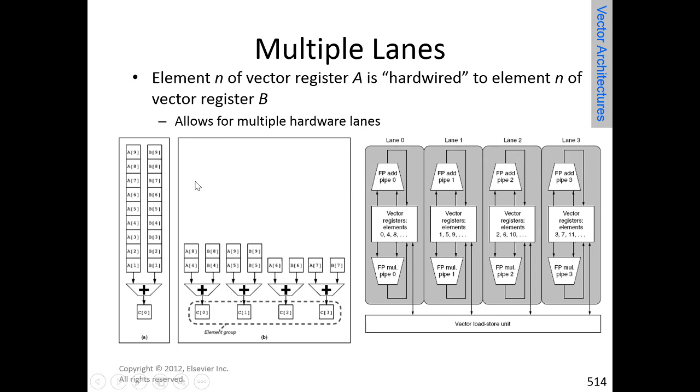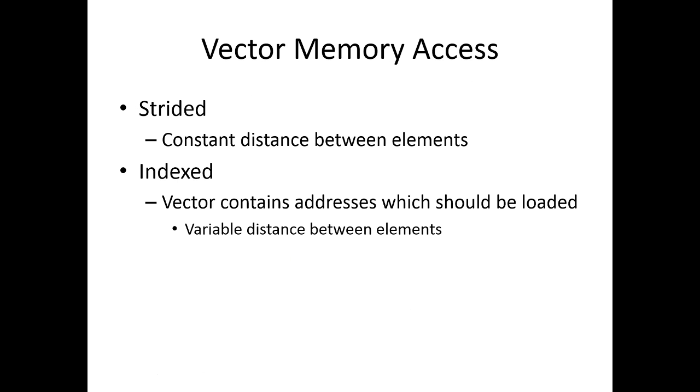If you have multiple data paths to operate on this, you can just issue multiple instructions to each of these data paths to add these individual array elements because there's no data dependency. So this is a vector operation.